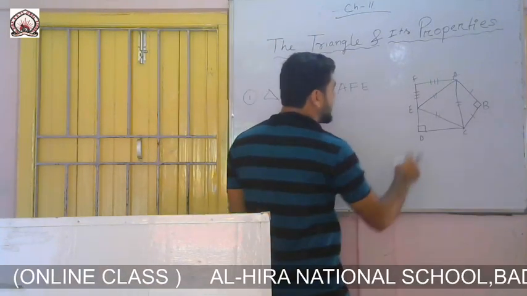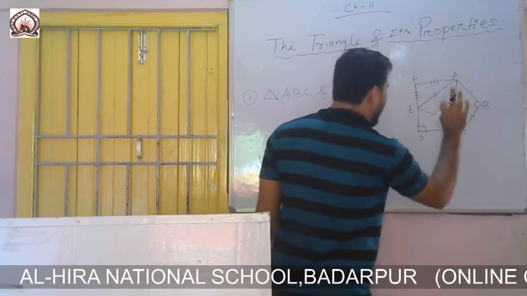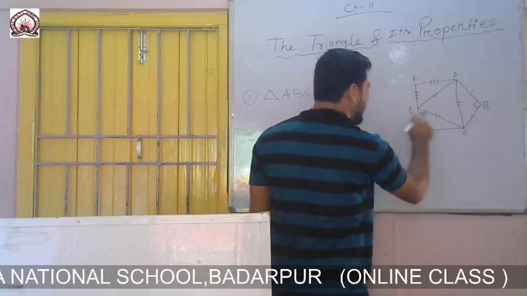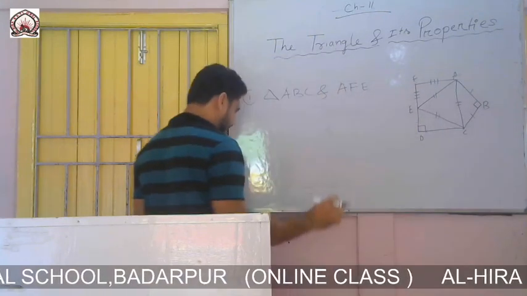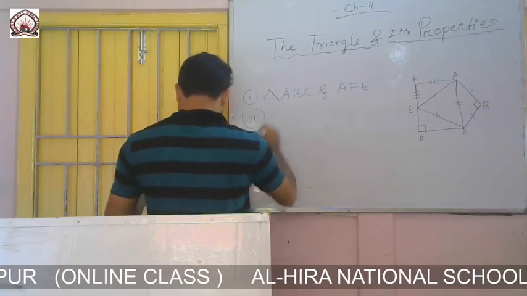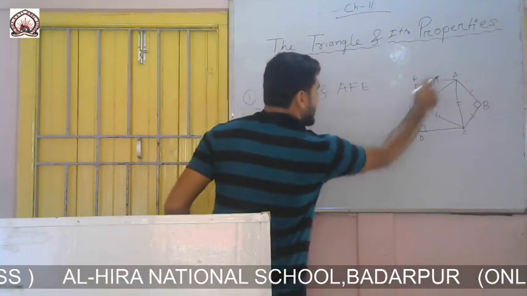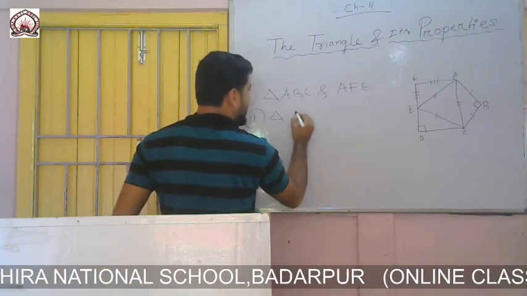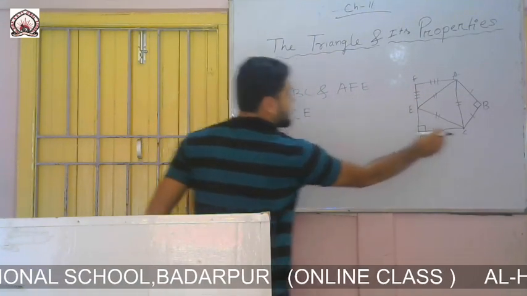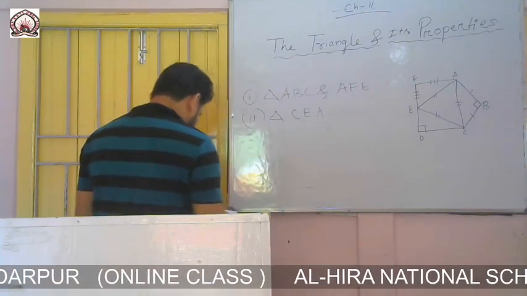In this case you see this side and this side are equal, so we can say triangle AEF or ACF or ECA, anything we can give. So you can write number 2 as triangle CEF, triangle CEA or AEC, anything we can write.